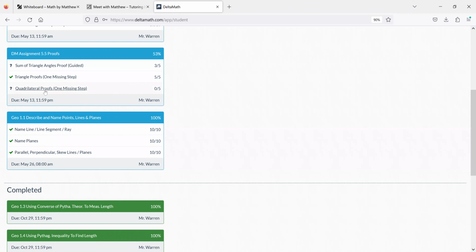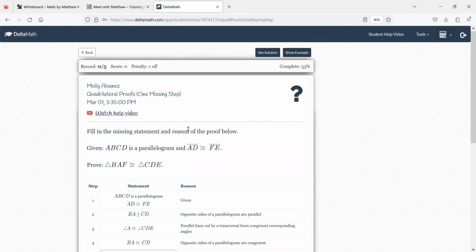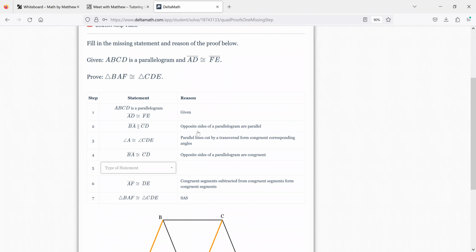All right, so quadrilateral proofs. They make it seem like one missing step, but boy, there's a lot there. When you're proving triangles are congruent, the way to do these, now that I'm seeing a few of them, is you look for what they are using, which is side angle side. They have the sides, they have another side.